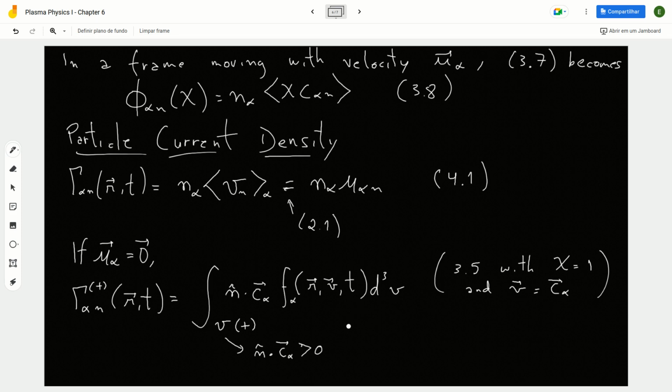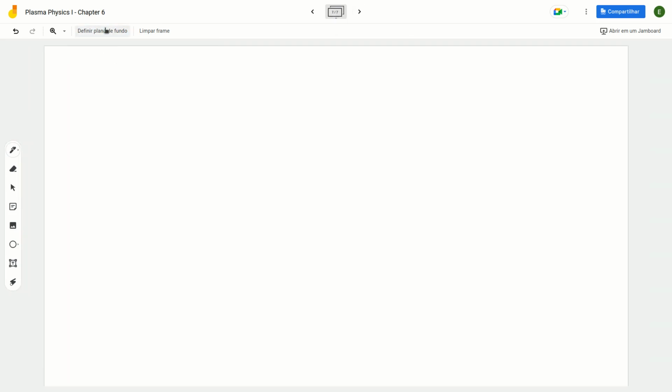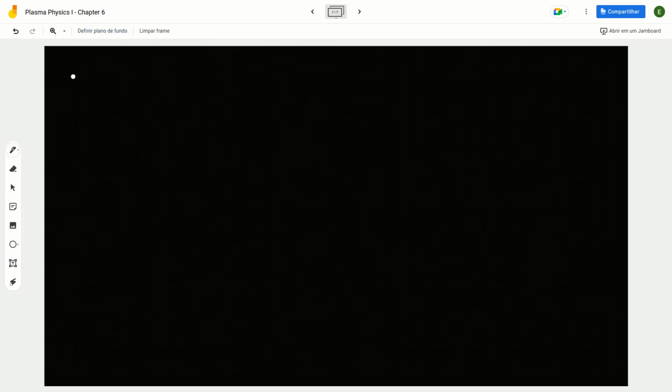We also have the mass flow of the fluctuation. Let's write it here: M, plus this quantity gamma plus is the fluctuation mass flow.